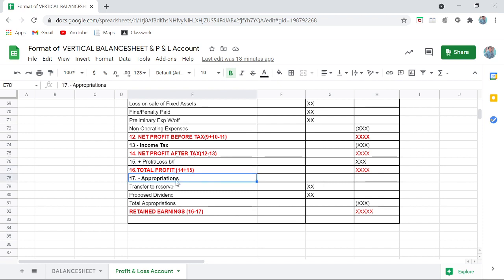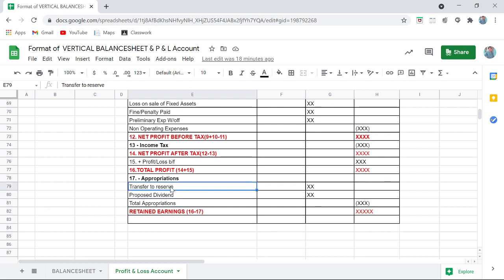Less appropriations. Now what are appropriations? Appropriations literally means distribution. Okay, so whatever profit you have earned, we are distributing it in various ways. So basically, whenever I earn profit, my first and foremost important part is dividend paid, right? So proposed dividend will be there.